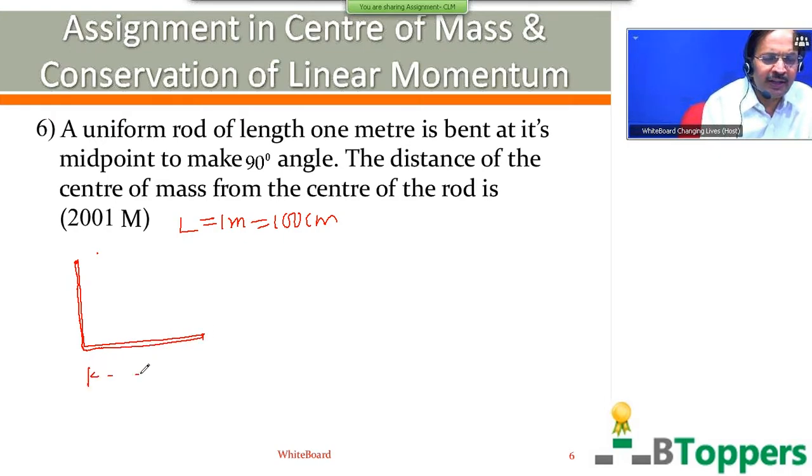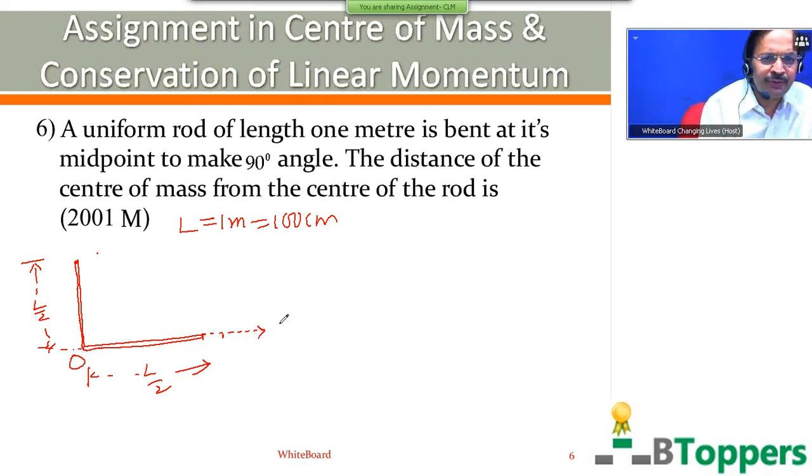Length of the rod is L, so length of each part of the rod is L by 2. It is bent into right angle at the midpoint. We choose the midpoint of the rod as origin because you are asked to find distance of center of mass from center of the rod.